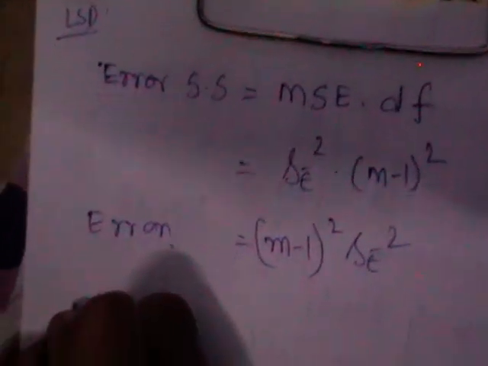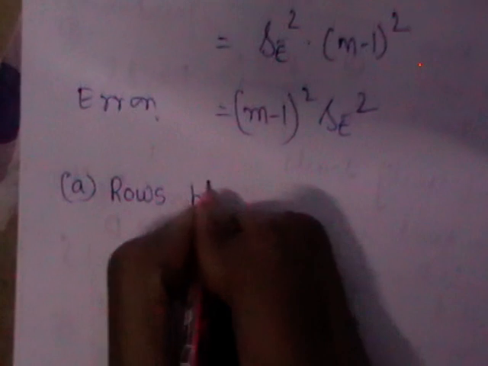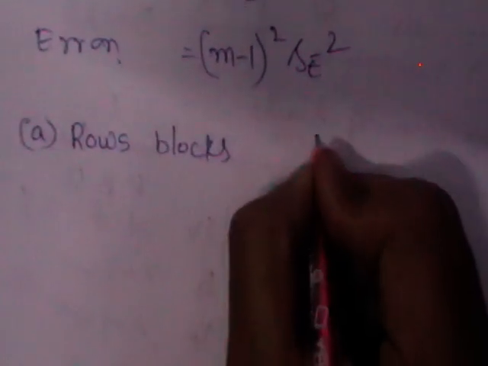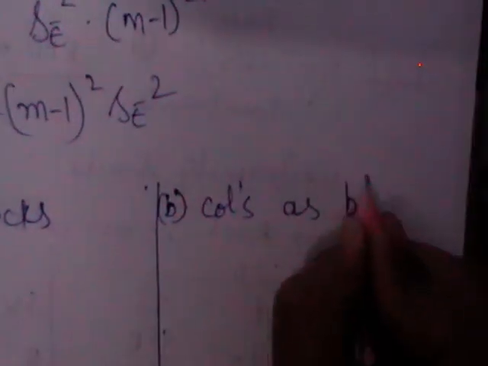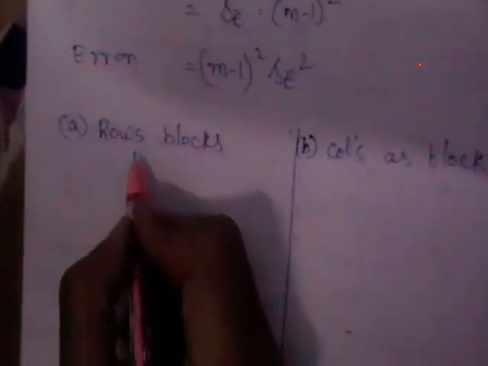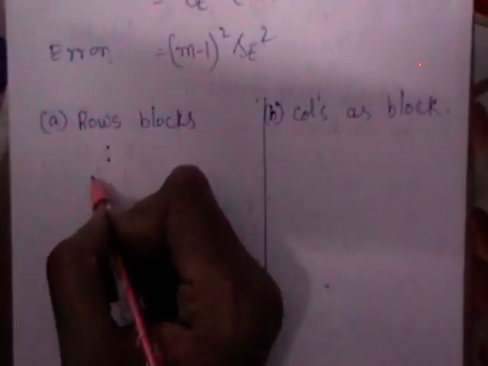Now you have two cases here, where you can consider rows as blocks, and the other is columns as blocks. Rows as blocks means you have rows, columns, error, and you treat rows as blocks and the other as the treatment.